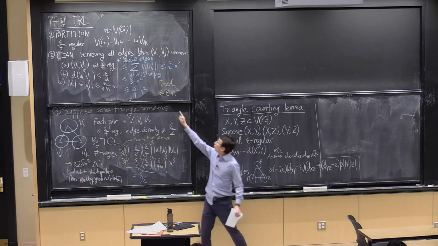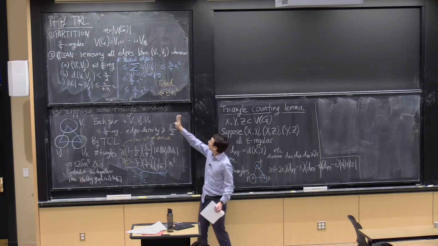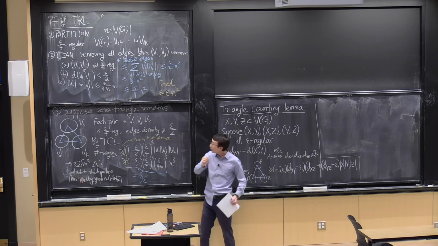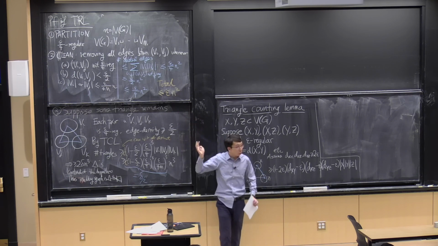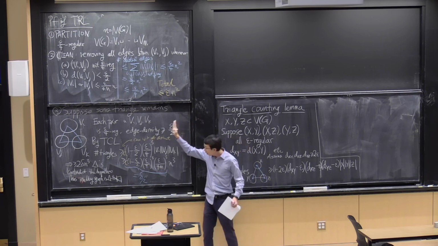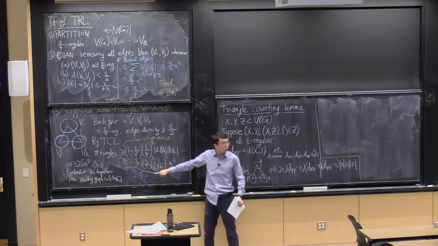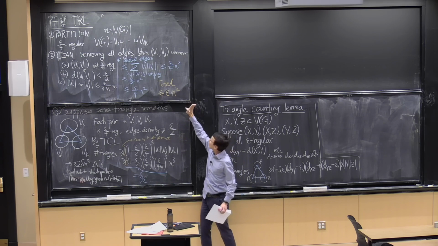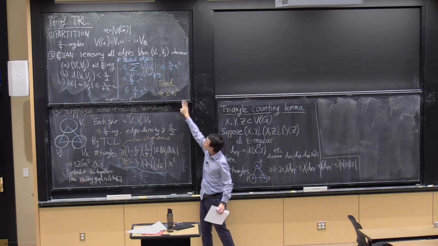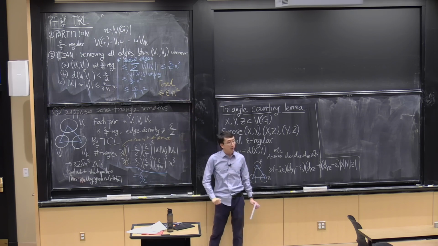Okay, so let me try to answer your question. I only set delta at the end, but of course you can also set delta in the beginning of this proof. So I'm saying that you do this step, you get rid of epsilon n squared edges.